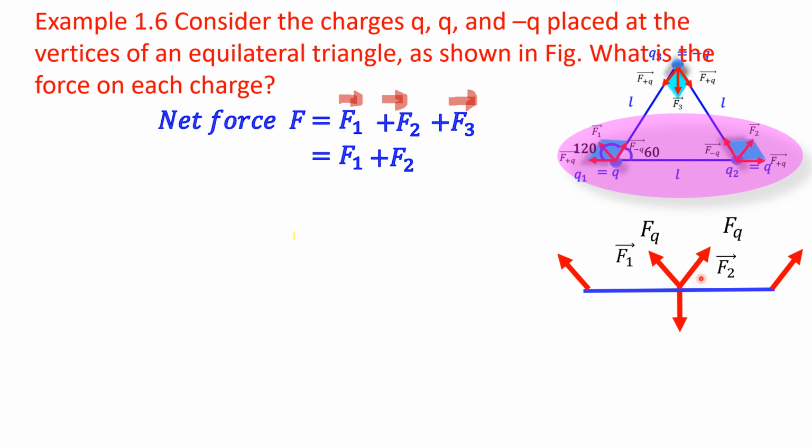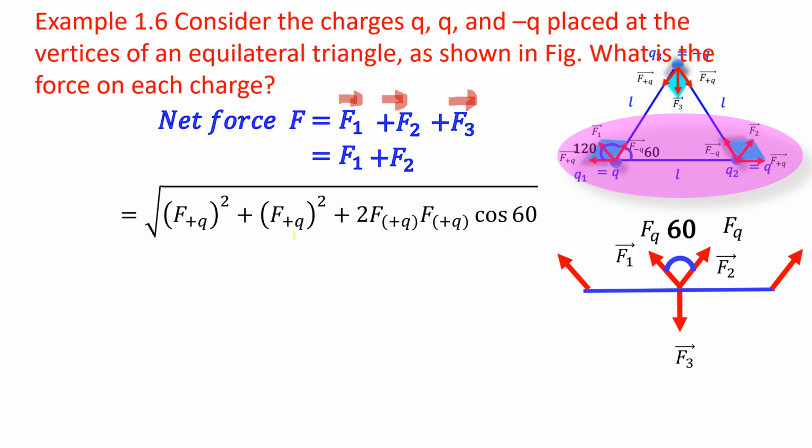This is 60 degrees, this is 60 degrees. So the angle between the F1 and F2 vectors is 60 degrees according to the linear pair. Now we calculate the sum of F1 vector and F2 vector according to the parallelogram method.